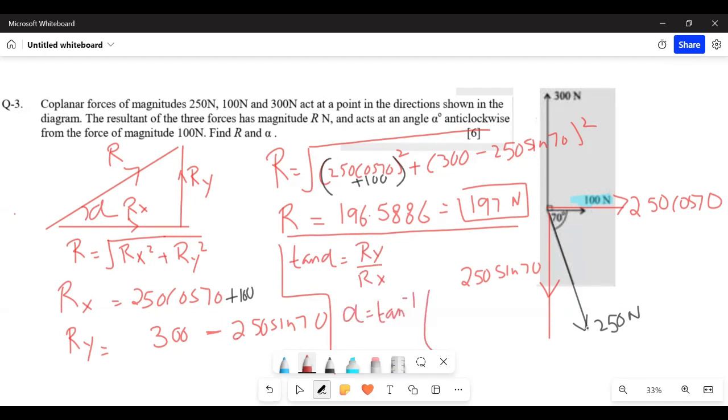We already have the y component, 300 minus 250 sine 70, upon the x component, which was 250 cos 70 plus 100. You may enter this all together and get alpha equals 19.3 degrees.